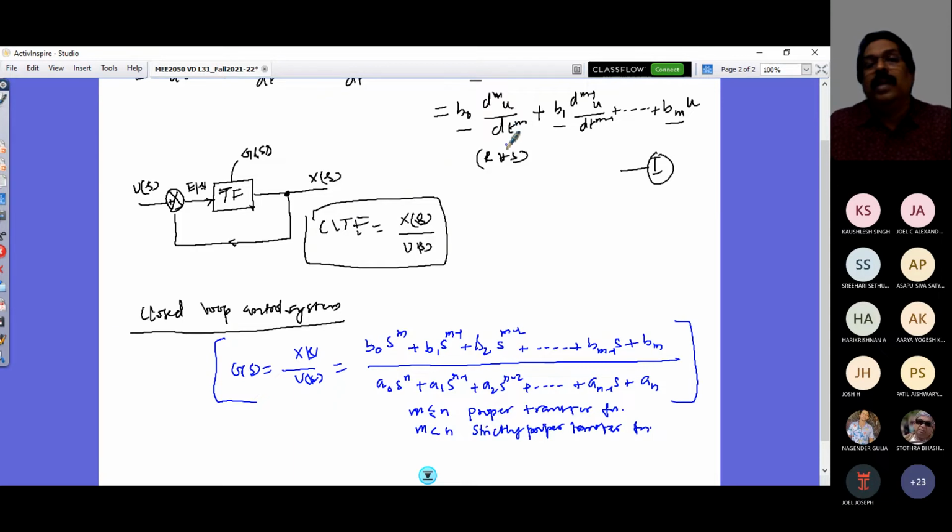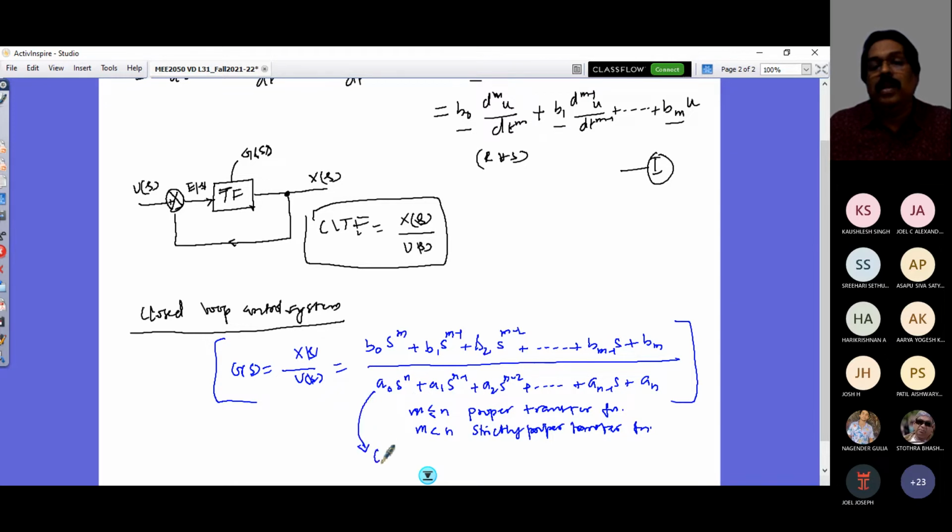Then, by taking the Laplace transform, I would have a polynomial called the characteristic polynomial, and I find the roots of the characteristic polynomial. Looking at the roots, I would be able to comment on the vehicle stability or the system stability, in this case, the nth order system stability. So what is that polynomial? The denominator polynomial of this is the characteristic polynomial.